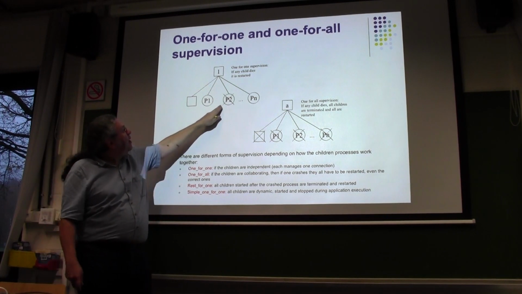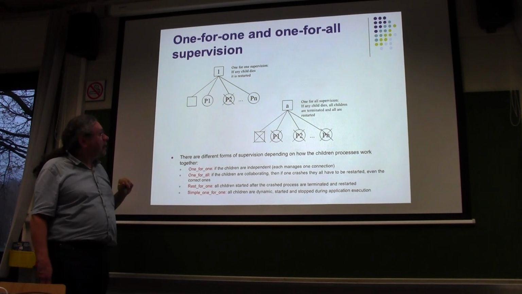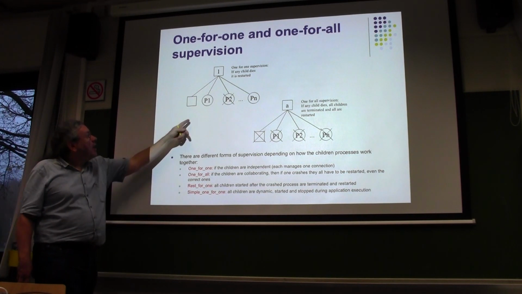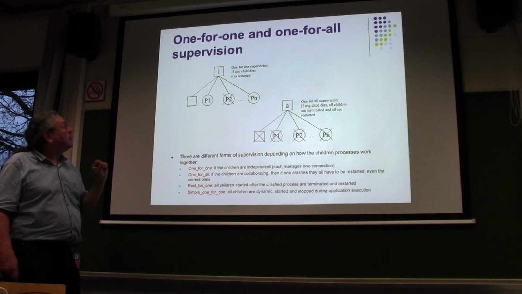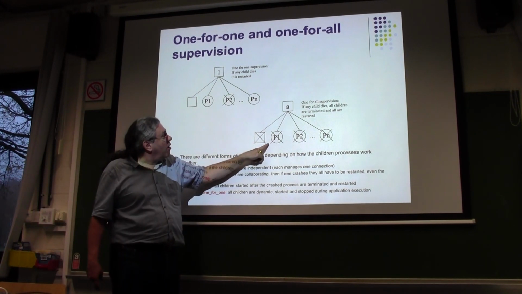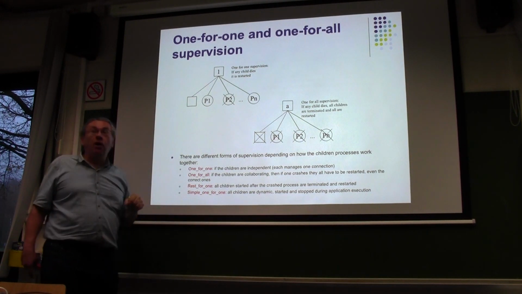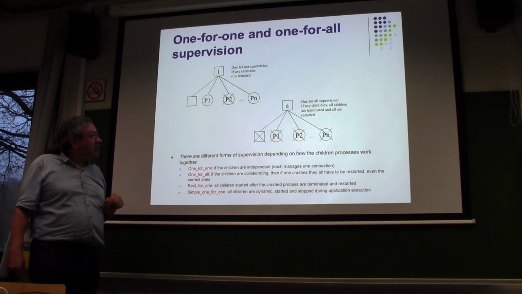If any child dies on one for one, it is restarted automatically by the supervisor with a consistent state, and the others are not affected. This happens when the children are doing independent things. And one for all means if any child dies, all the children are restarted because they are working together in a consistent state.